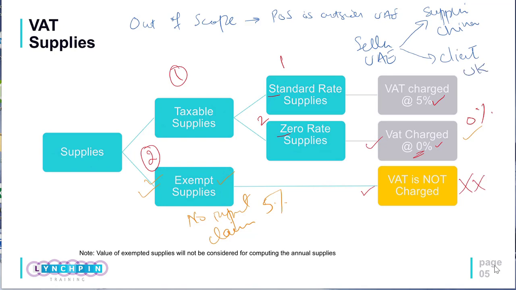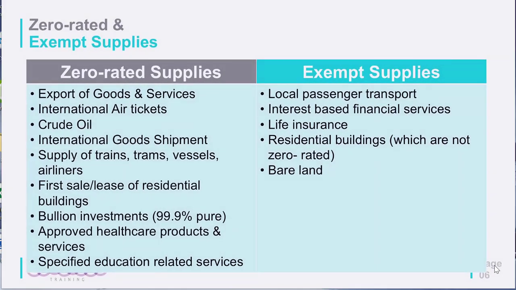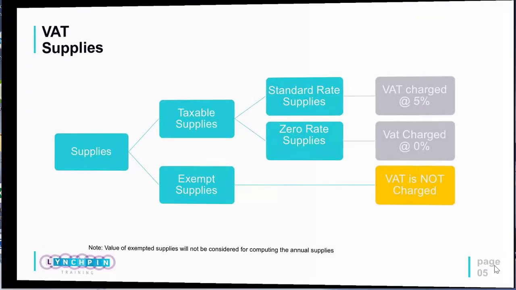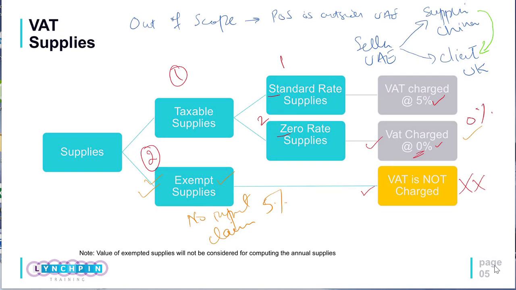Now the seller asks the supplier to please supply the goods directly from China to UK. In this scenario, if it is supplied directly from China to UK, this supply would be out of scope, which means it would not be subject to your output VAT, because the goods, when they were being supplied, were located in China and the place of supply was outside UAE, so it would be an out of scope supply.